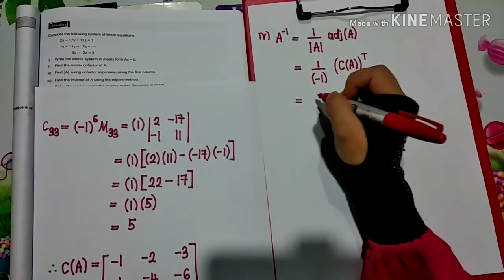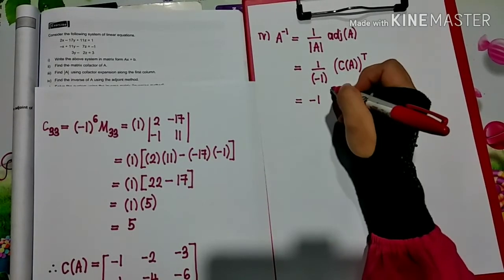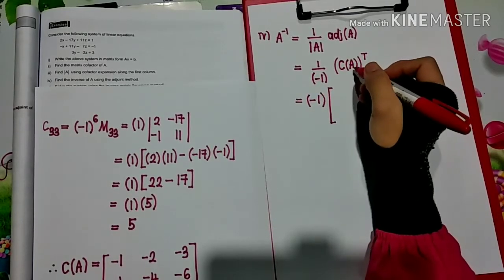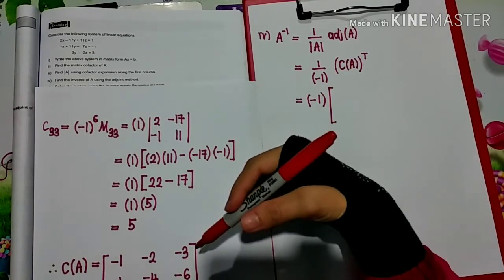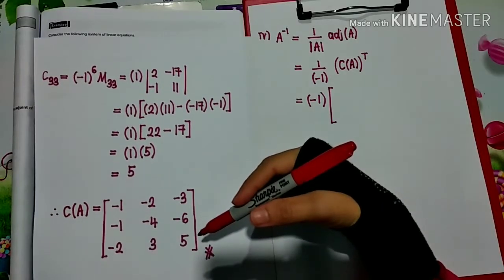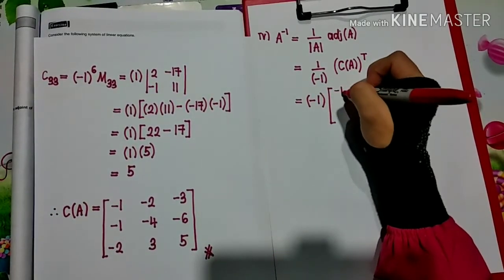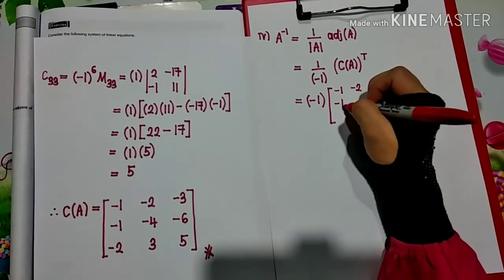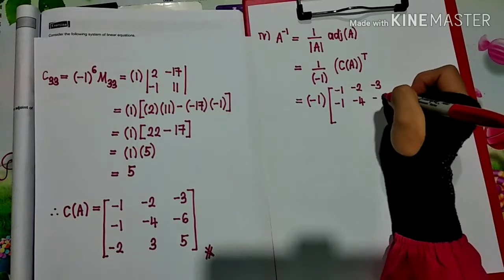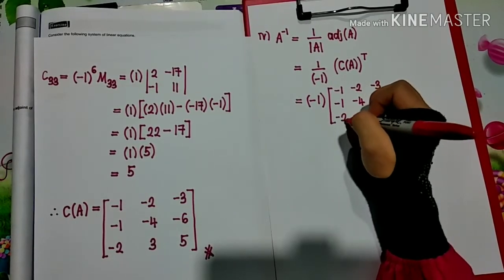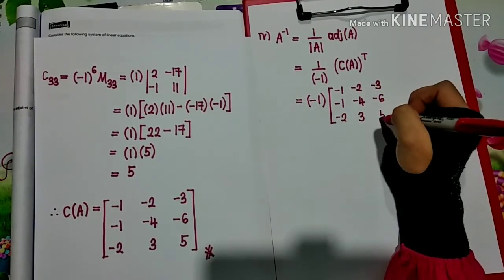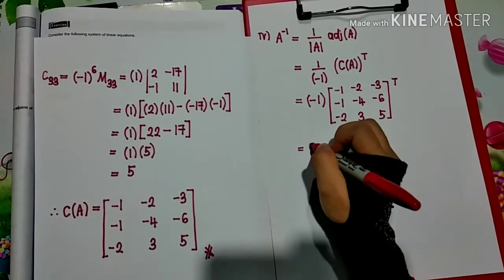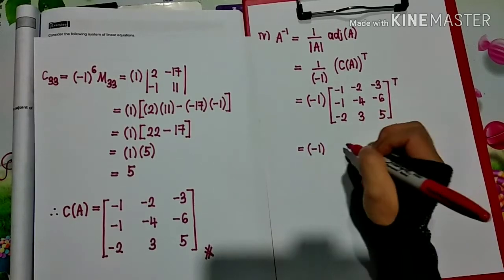So 1 over negative 1, you will get here negative 1. The cofactor of A, you can get from question number 2 just now. This one: negative 1, negative 2, negative 3, negative 1, negative 4, negative 6, negative 2, 3, 5, and then transpose it.